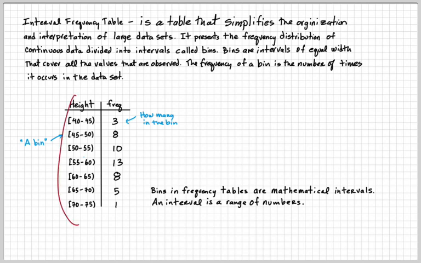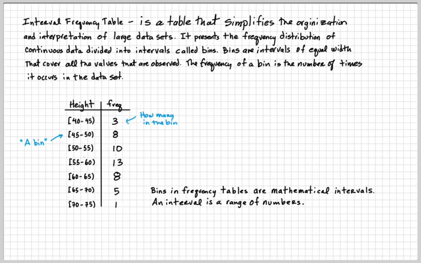So these are called bins. Bins in frequency tables are mathematical intervals, and we'll talk about those intervals. An interval is a range of numbers. And then this column over here is the frequency.